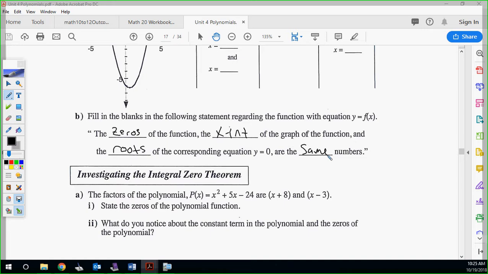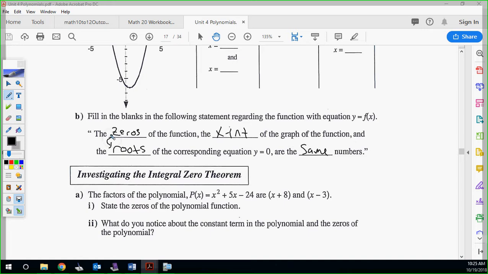Well, that's just in terms of the context, right? A zero of the function is when you plug it in and it makes the function 0. That spot is also where it crosses the x-axis, so it's the x-intercept. And that spot is called the root when you're solving, because that's when y is also equal to 0. The zeros and roots are to me the exact same, but the x-intercept is the graphing piece.